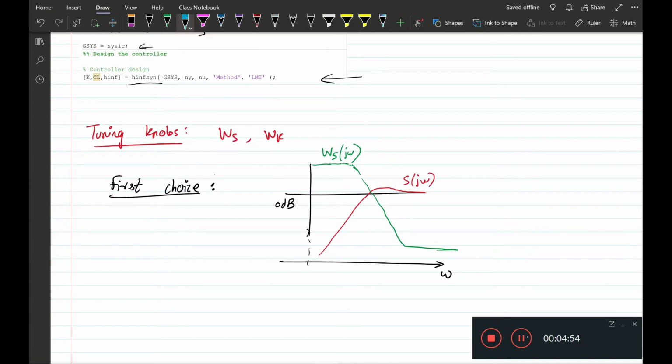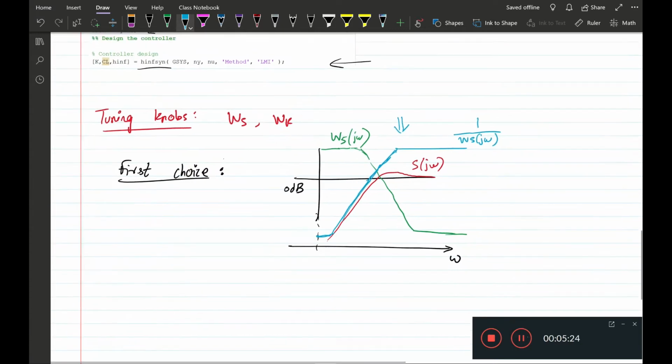So the inverse filter would look something like this, and you can think of the inverse filter as something you can use to push the S down. So we can shape the S by selecting a reasonable shape of the inverse filter.